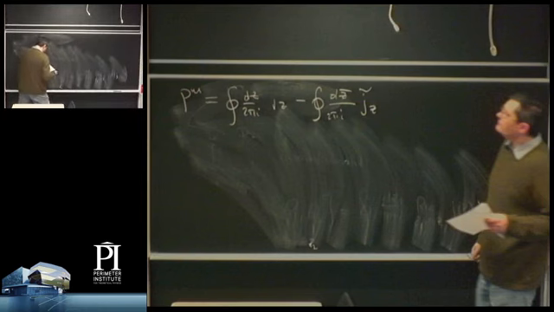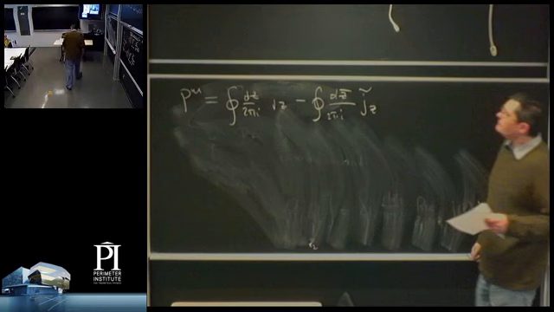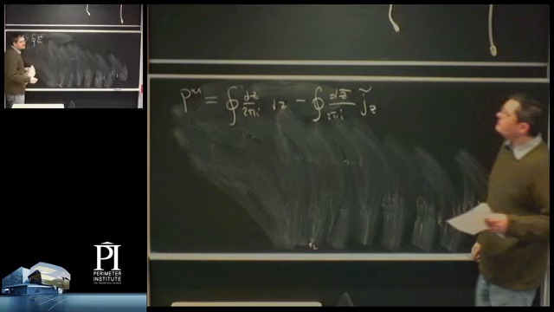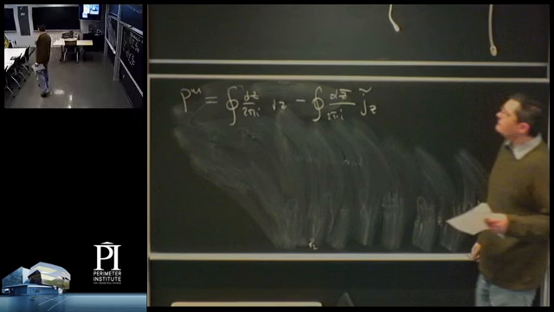Our conserved charge, which we agreed must be P^mu. On the worldsheet, we just have to compute this contour integral to get the conserved charge. Remember, that's what we always do: we take a conserved current and integrate it over a closed contour.